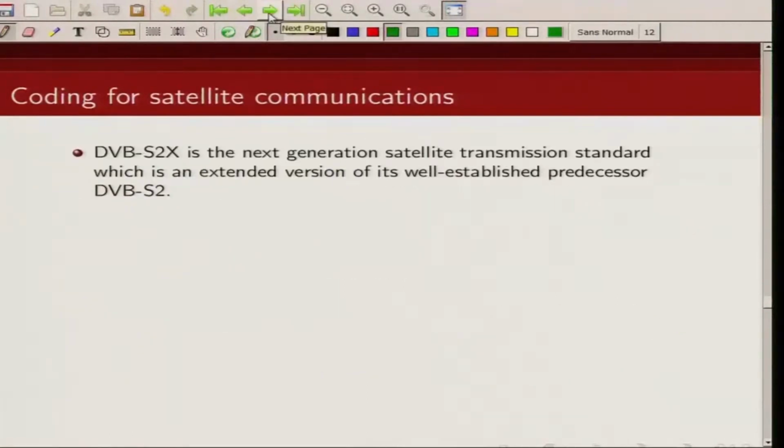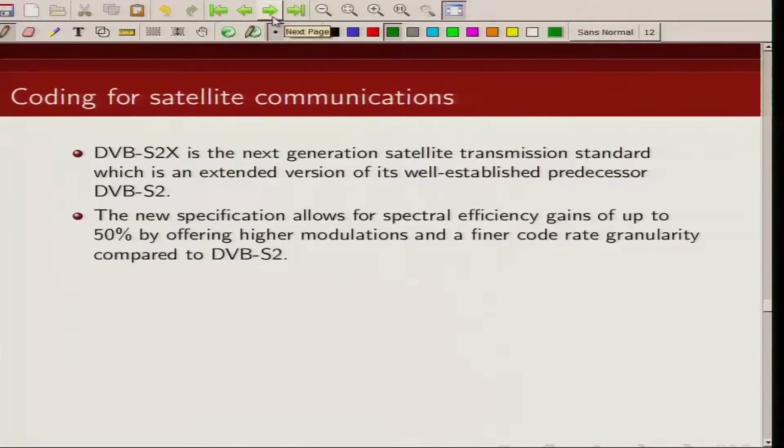Now there is another standard which is an upgrade of DVB-S2, called DVB-S2X, an extended version of the DVB-S2 standard, and it allows finer rates of LDPC codes.